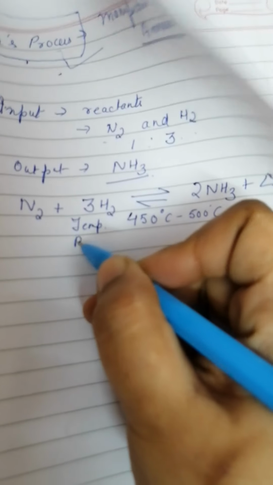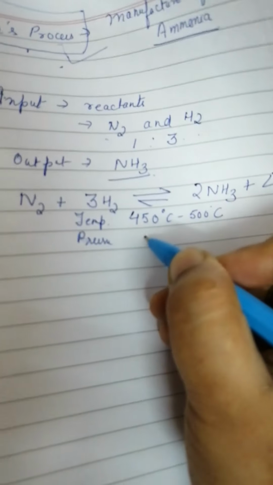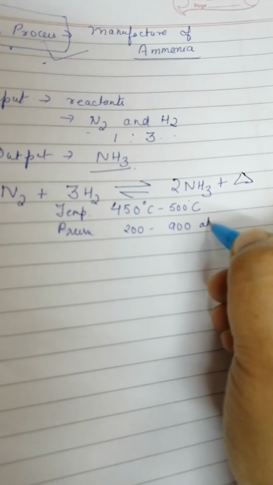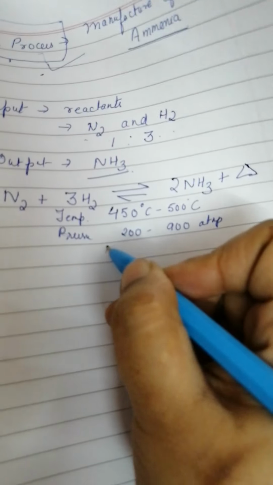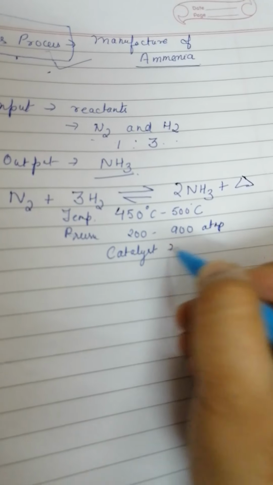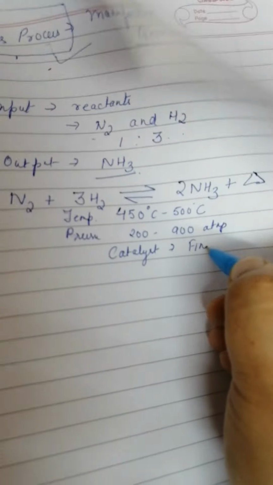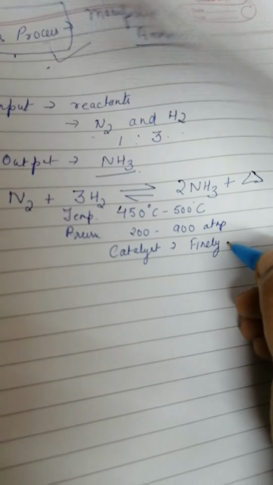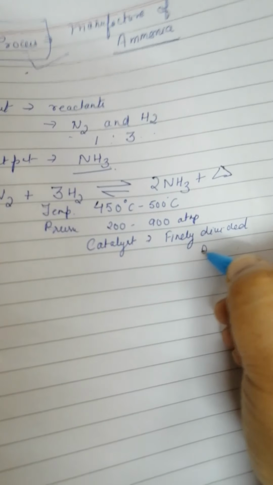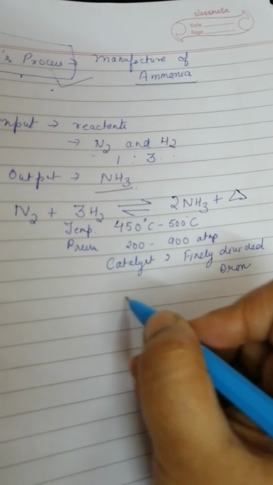And then the pressure is 200 to 900 atmosphere. Then the catalyst is finely divided iron. And then there is a promoter also.